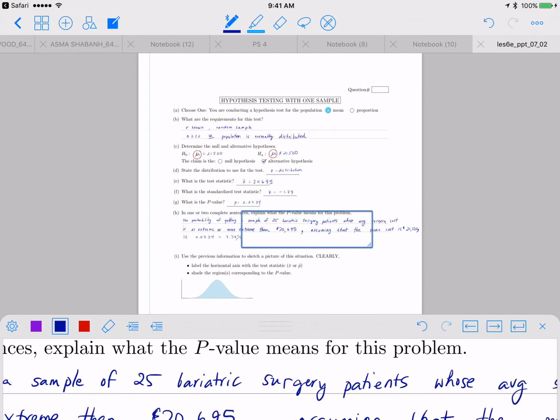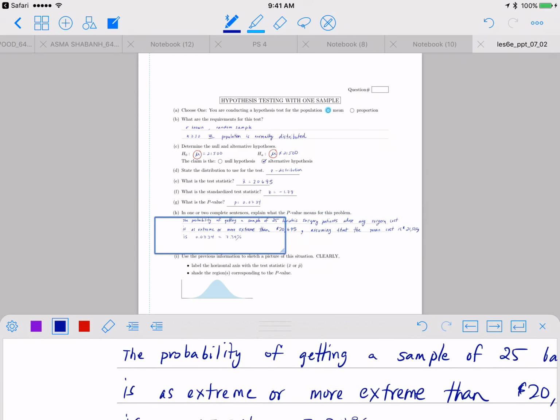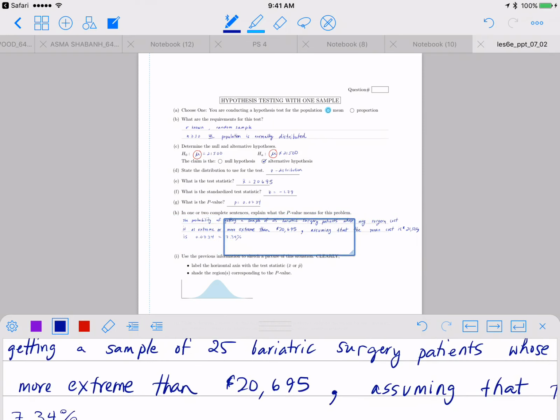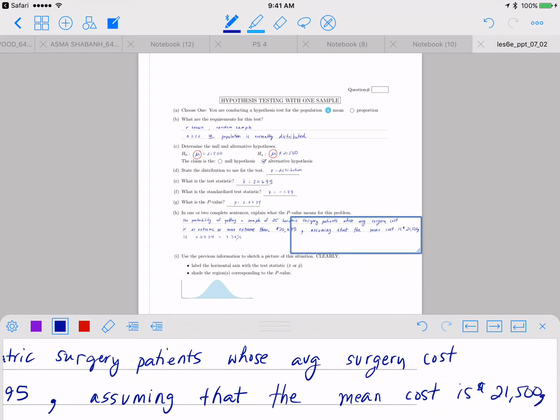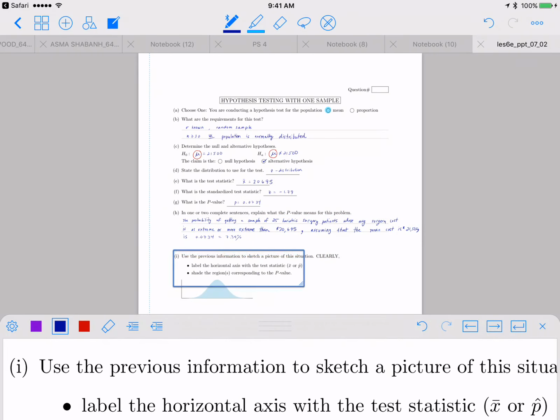Okay? So the probability of getting a sample of 25 surgery patients whose average surgery cost is as extreme or more extreme than $20,695, assuming that the mean cost is actually $21,500, is about 7.34%. That's what the p-value tells us.